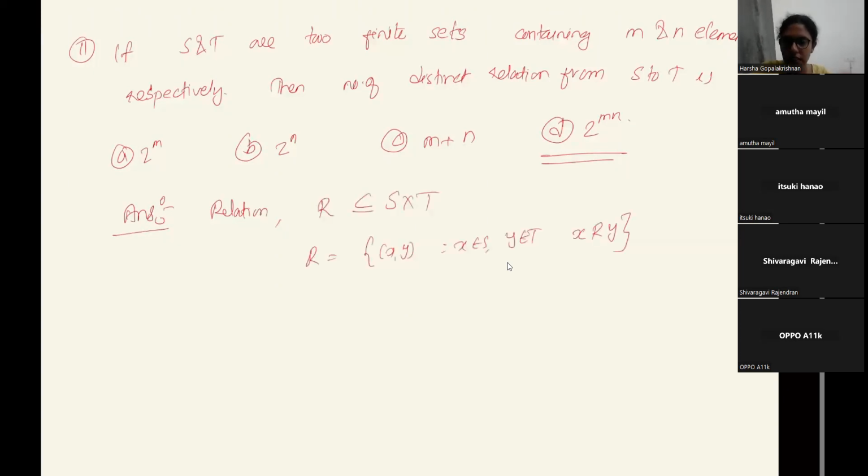If x is related to y in some sense, we collect all such pairs (x, y). Then that is the relation. Basically, R is a subset of the Cartesian product S cross T.